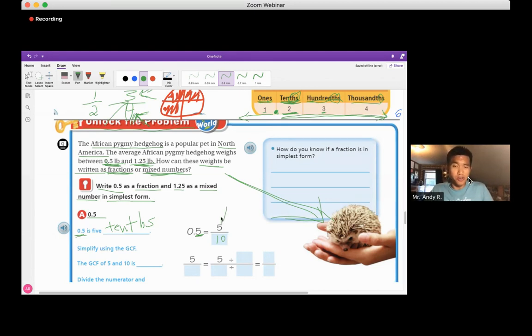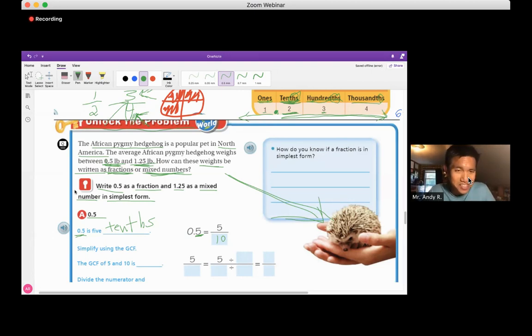Okay, so the numerator is 5, the denominator is 10. If we want to make these fractions simpler, make them smaller, we have to find a common number that can divide both of these. So what's the number that can divide both 5 and 10, besides 1?